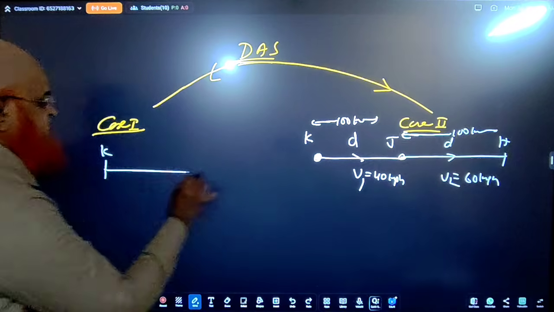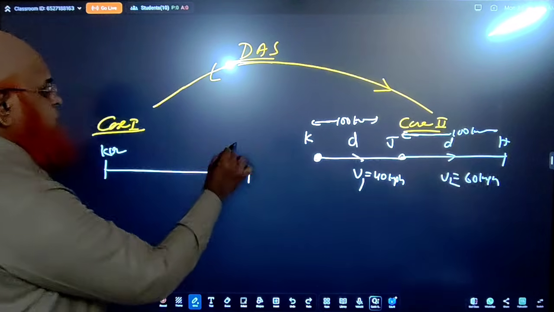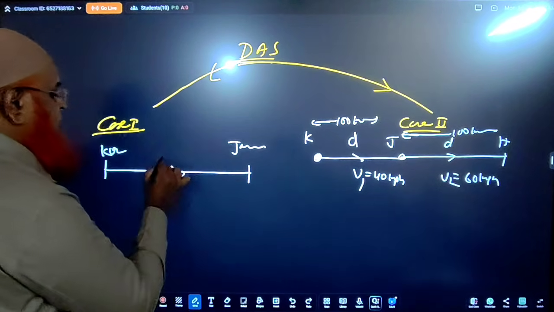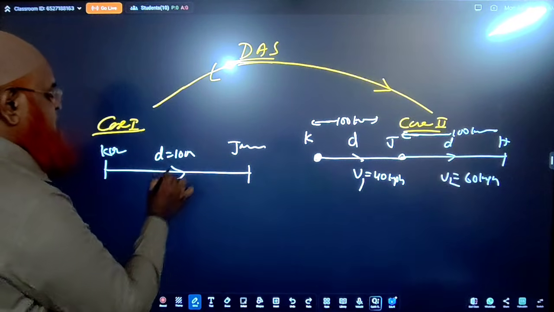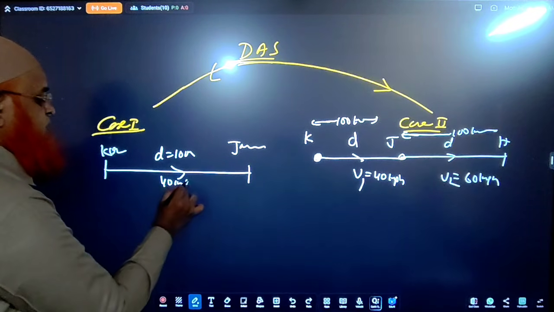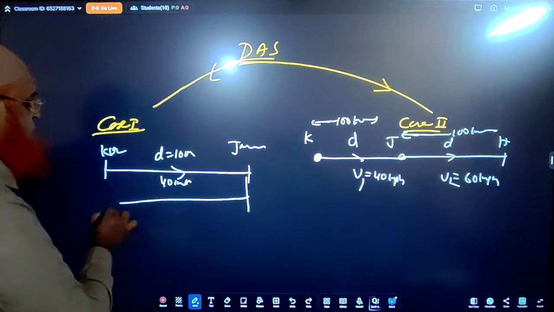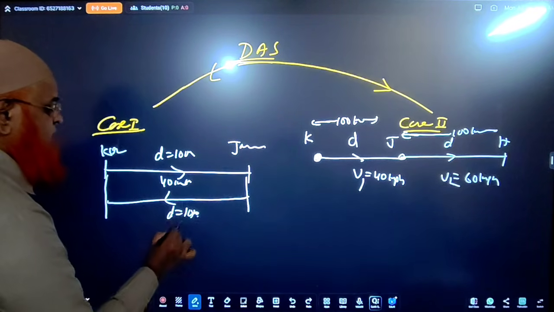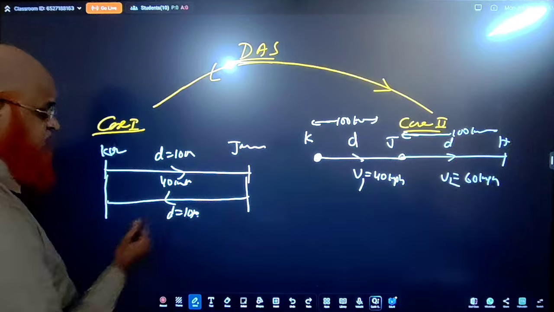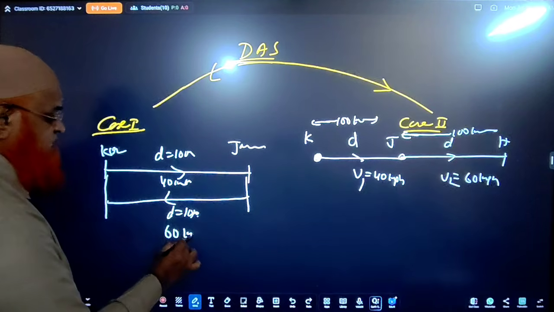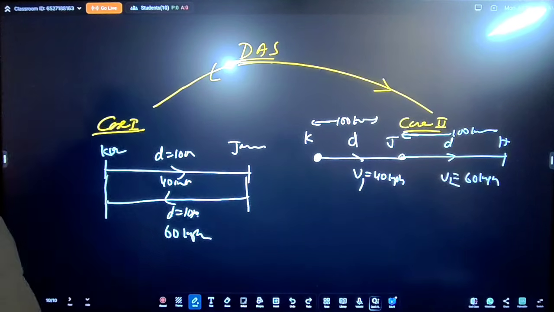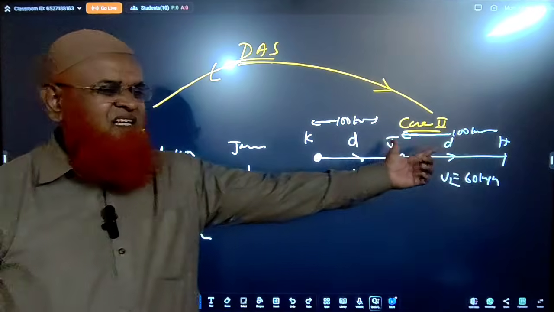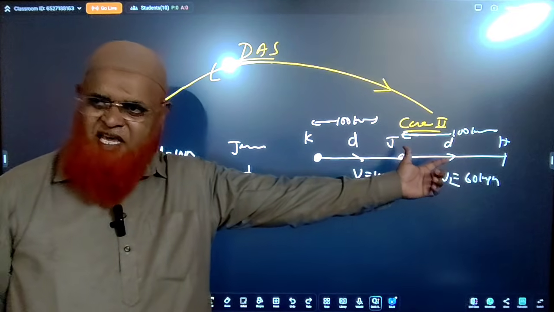A body has traveled from Kurnool to Jadcherla, a distance d of 100 kilometers, with a speed of 40 kilometers per hour, and again returns to Kurnool from there itself. The distance is also the same, 100 kilometers, and while returning the speed was more, 60 kilometers per hour. Understood? So here also the half distance and the remaining half distance are the same.